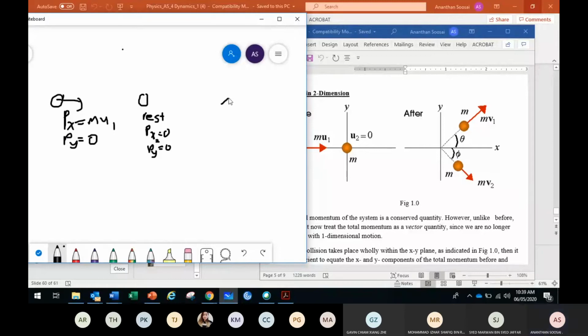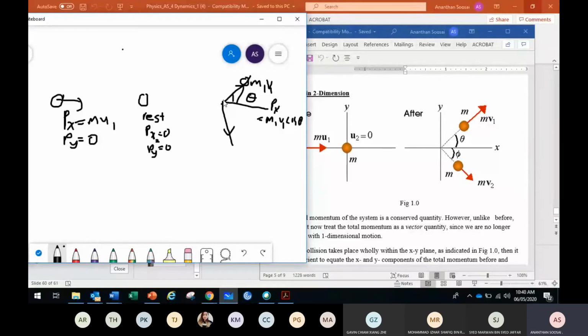Okay, after the collision, the first one, let's say moving up, m1 here, with a velocity v1, makes an angle of theta. Can you break this momentum into its components? What is the px value for this? The px value is m1 v1 cos theta.